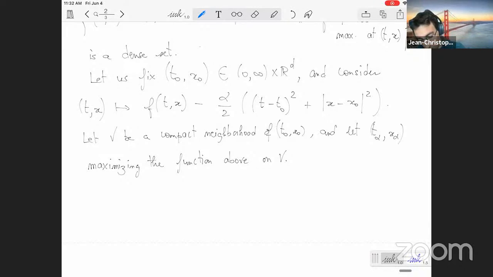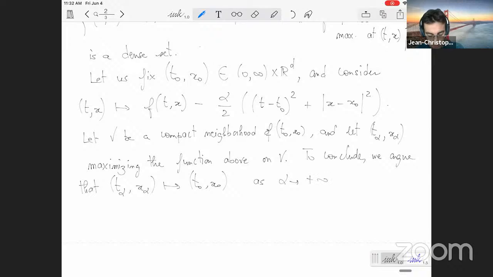So to conclude, we argue that T alpha X alpha converges to T0 X0 as alpha tends to infinity.